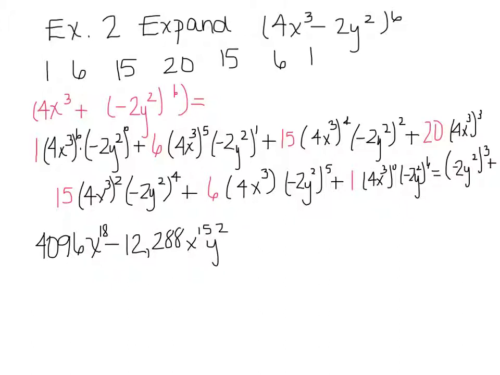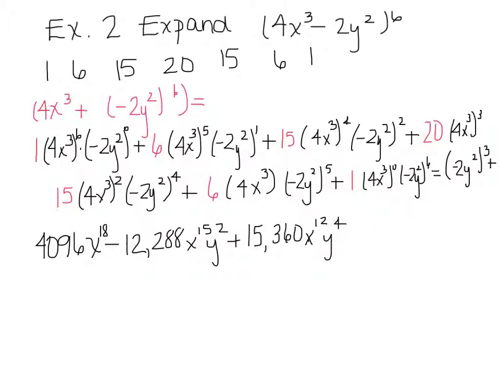Okay, my next one, I have negative 2 squared, which is 4, so that comes out positive, times 4 to the 4th times 15. So that'll be 15,360 x to the 12th, y to the 4th.